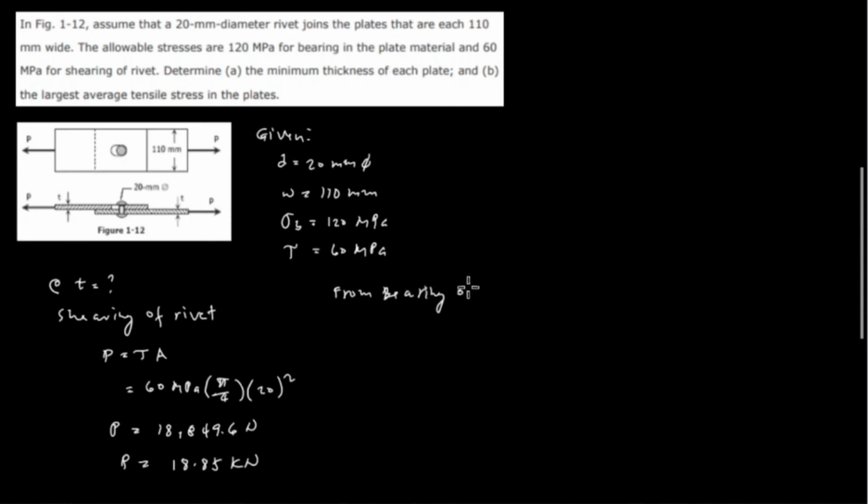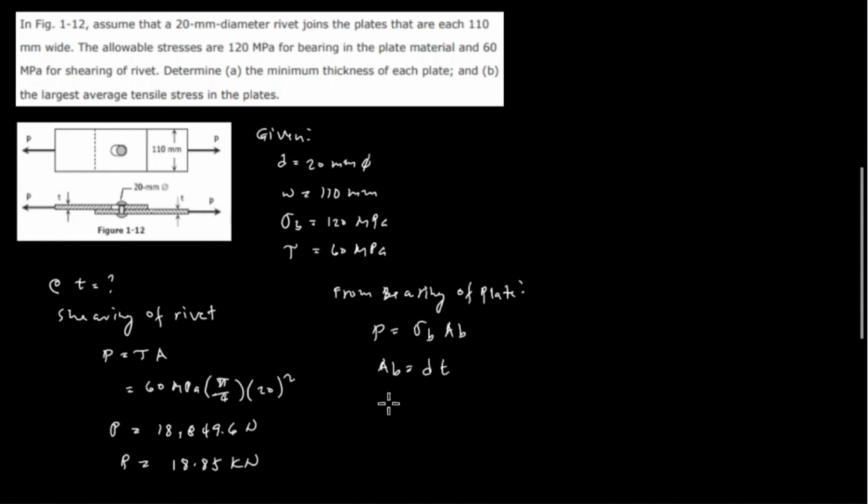From bearing of plate, we have P for bearing is equal to the bearing stress multiplied with the area of the bearing. And for the area of the bearing, it is equal to the diameter of the bolt multiplied by the thickness.